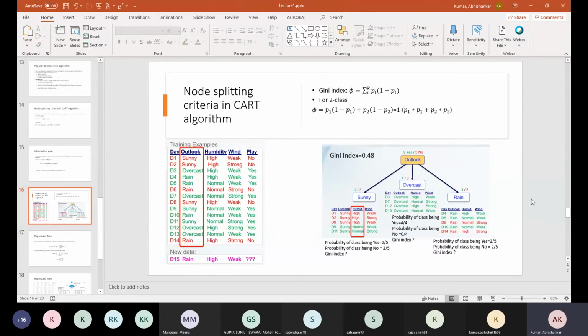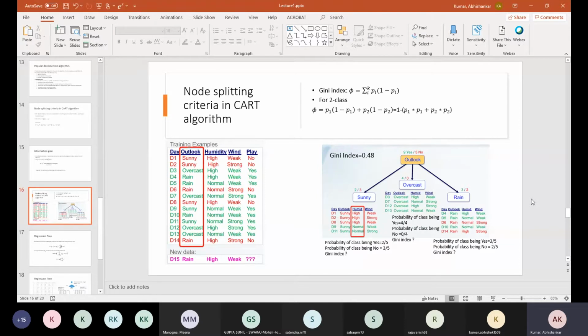Can you tell the class exactly how you calculated 0.48? Using the formula: Gini is equal to 1 minus (P1 into P1 plus P2 into P2).